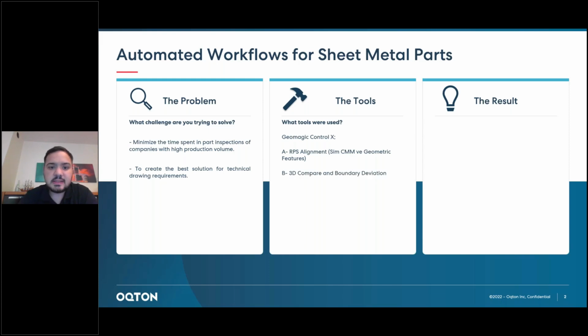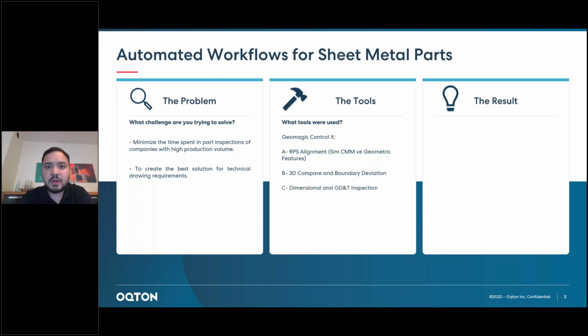Also, with these features creating the alignment, we can easily inspect 3D compare and the boundary deviation. Especially in sheet metal forms, boundary deviation is very important for checking the boundaries of the part. Is it big, is it small, or is it deviated? We can see it easily in Control X.